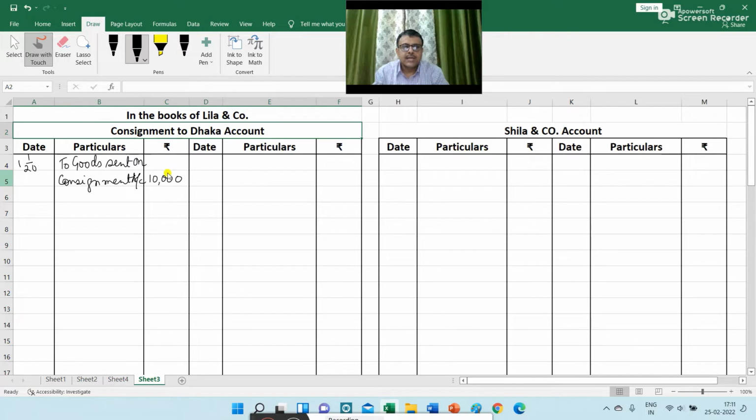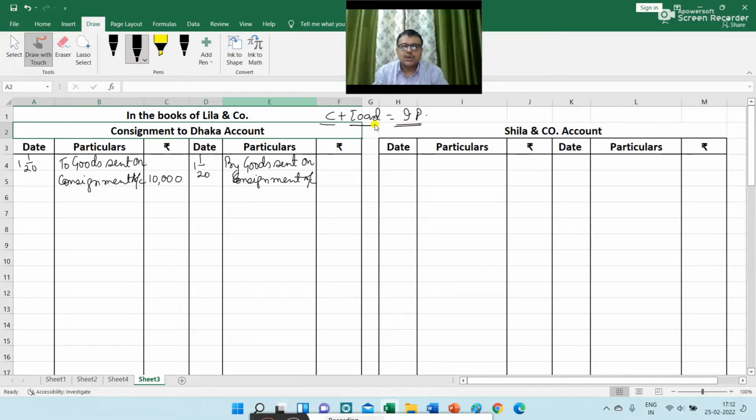On the credit side, we have to write the unrealized profit, that is by goods sent on consignment account, and this is the load that has been charged on cost. So what is the load that has been included in the cost? Let me explain: cost price plus load is equal to invoice price.